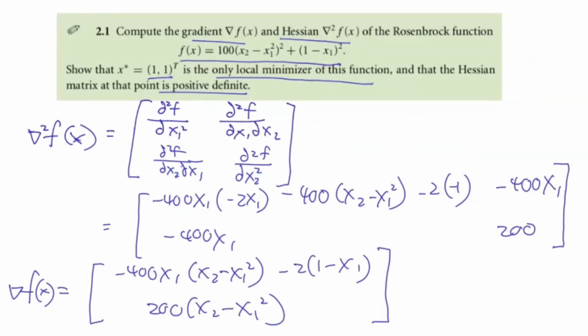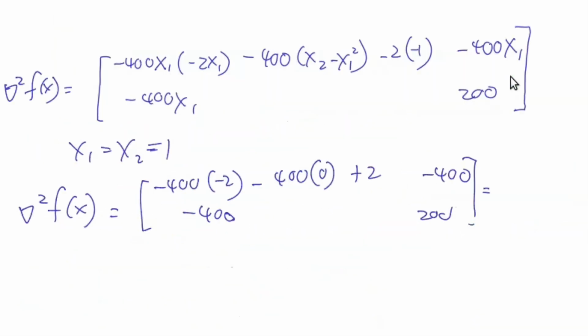The Hessian should be correct. Okay, just come back. So we substitute x1 and x2.